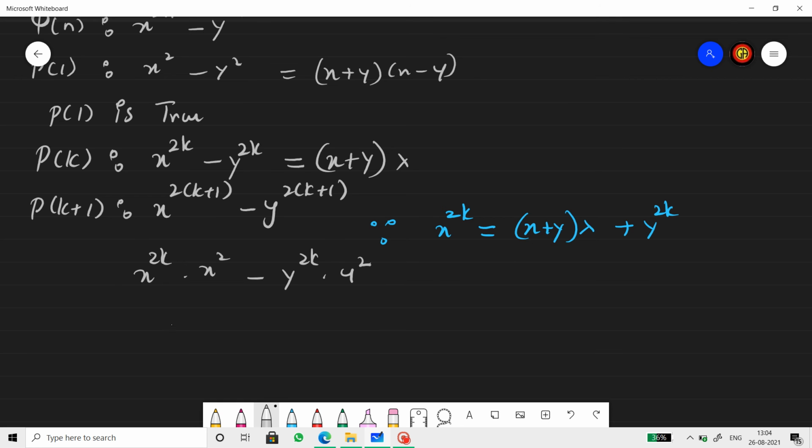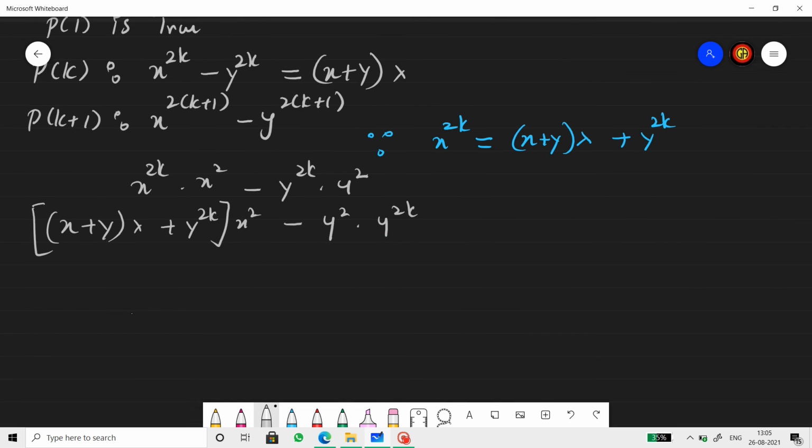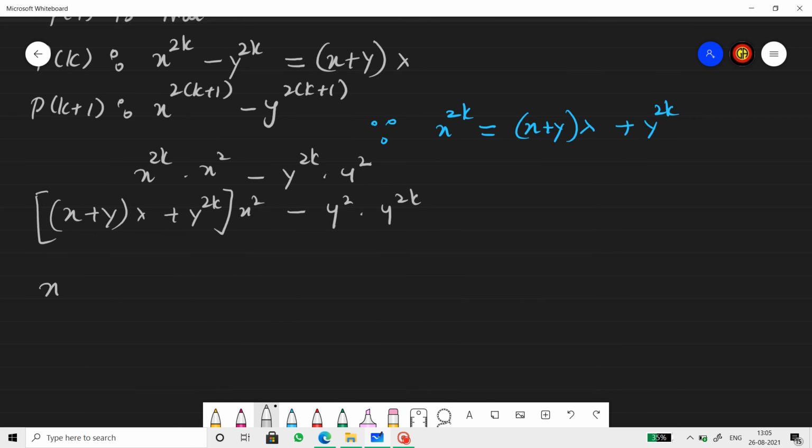Then in the place of x power 2k, I'm going to substitute this. So here it will be x plus y into lambda plus y power 2k into x square minus y square into y power 2k. Now x square lambda x plus y plus x square y power 2k minus y square y power 2k.